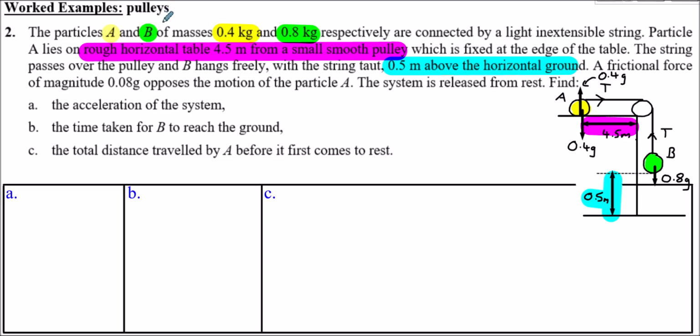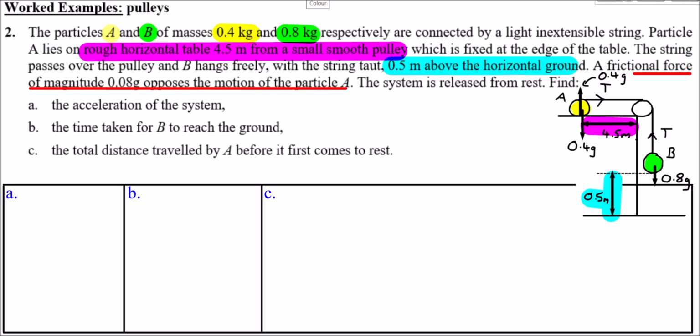Now, are we nearly done? Give yourself a star prize if you spotted that actually no, we're not. It does say here that A lies on a rough horizontal table. So first alarm bell, if it's a rough table, there will be friction involved. But the question's being quite nice to you because it spells it out for you by saying a frictional force of magnitude 0.08 g opposes the motion of A. So that's actually quite good of a question maker to do.